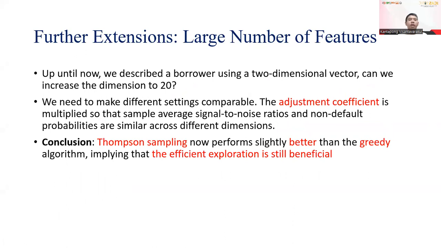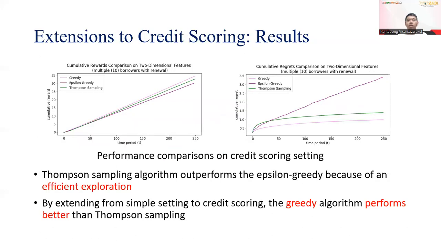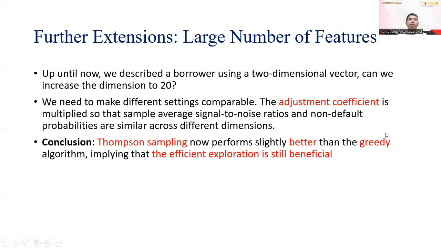But the conclusion is that in the credit scoring setting with two dimensions, the greedy algorithm performs significantly better than Thompson sampling. But now if we increase the dimension, we can see that Thompson sampling performs slightly better than the greedy algorithm. So the outcome changes.